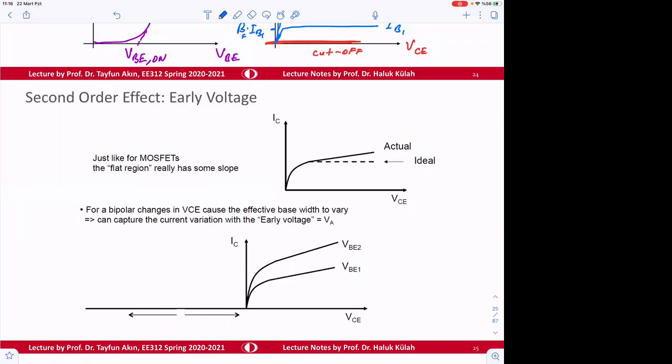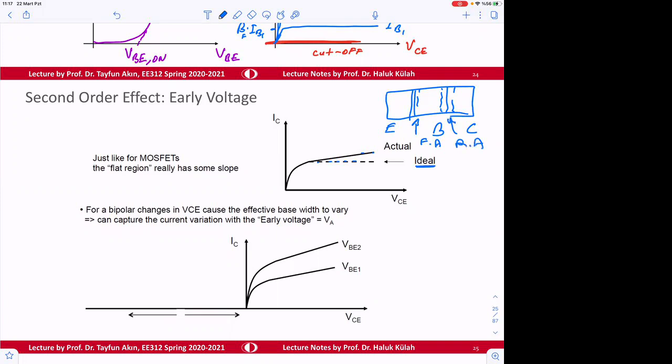When we look at some secondary effects on the operation of this device, this is the ideal case, but in the actual case, there's going to be an increase here. Why this happens, as you learned maybe in the operation: if this is collector, emitter, and base, this junction is reverse biased, this junction is forward biased, forward active, and this junction is reverse active.